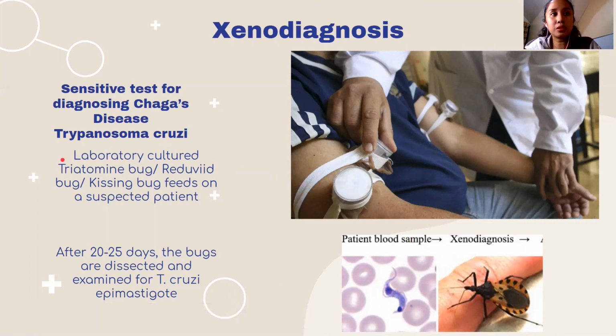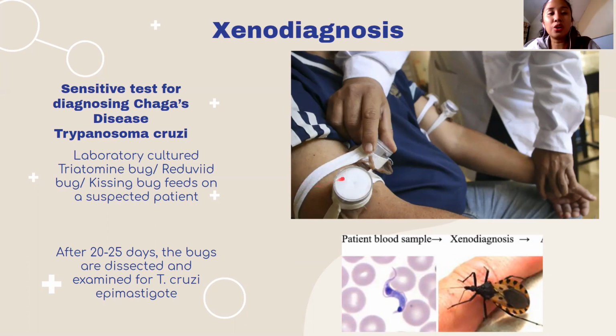Class, the scientists culture these vectors in the laboratory. What they do is place them in canisters that are tied to the skin, on the arm. In those containers are reduviid bugs, triatomine bugs, or kissing bugs, also called the midnight assassin, I think.